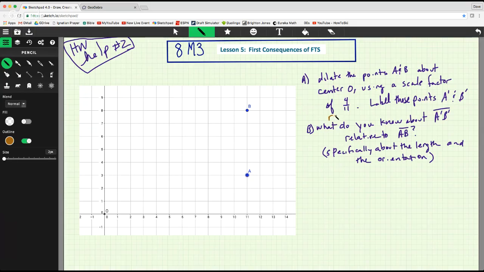Let me write it down here. R equals 4/11. So we're going to scale it, dilate it. Now you think about the trick we just did and how we might scale each one of these points. Remember, use the trick from the last slide.